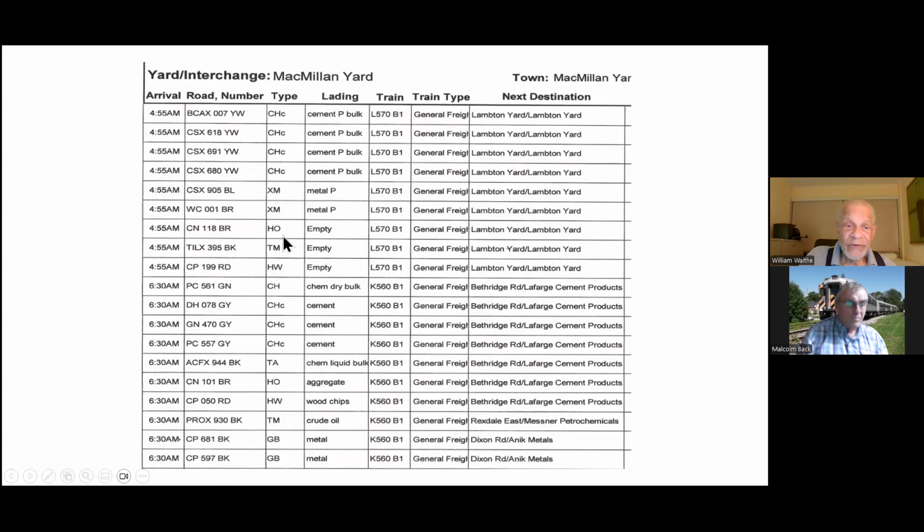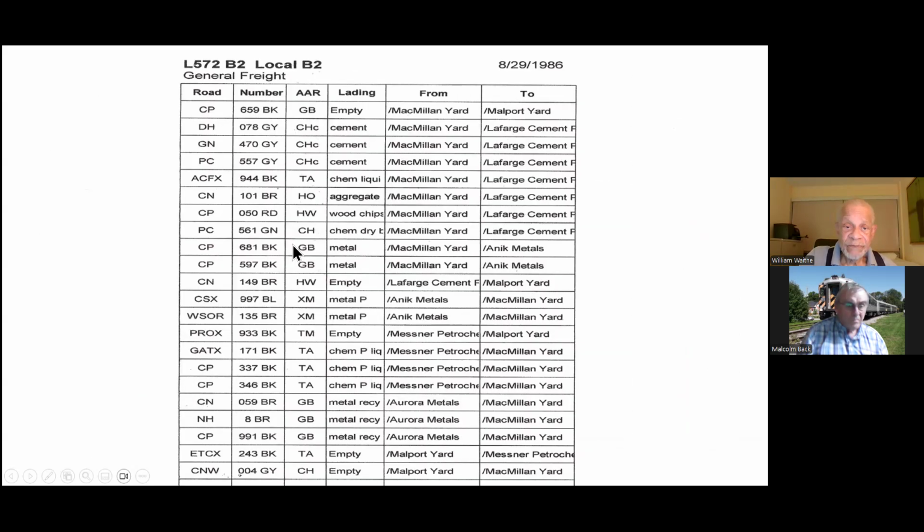This is a typical switch list to show you what is produced by the software. And this is what the conductor gets. The conductor gets an identification of the car type, whether it's empty or a load, and where it's going.